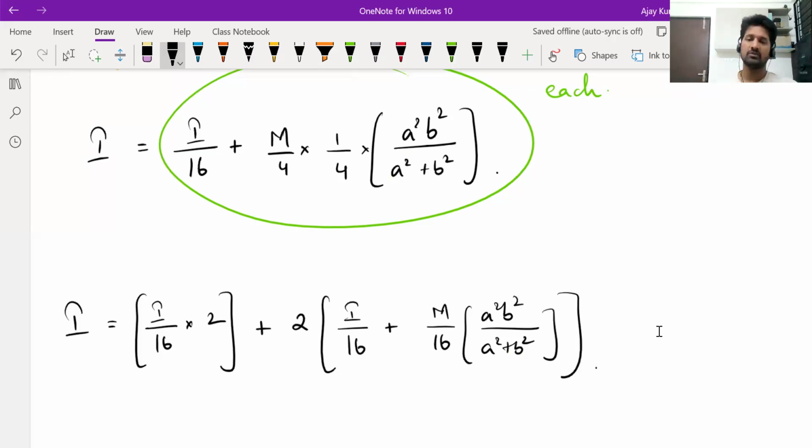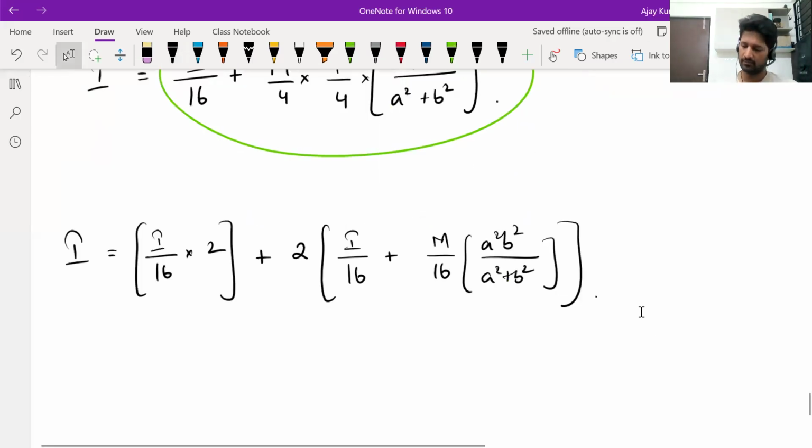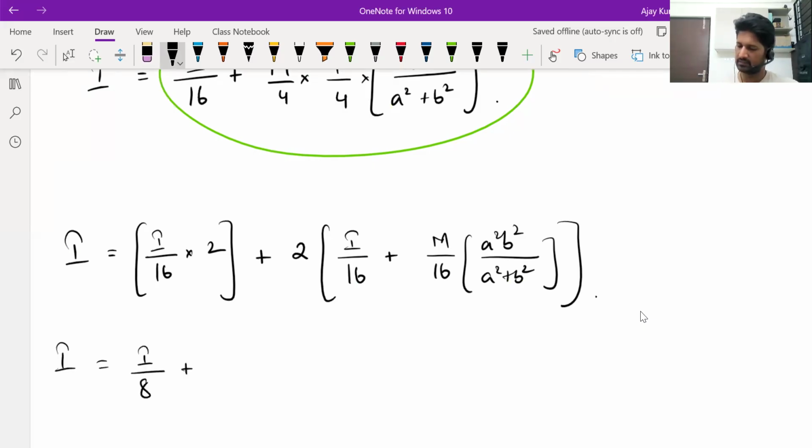That's all. Now you just have to solve this equation for I. I is equal to the right hand side: I by 16 into 2 is I by 8, plus, again, multiply the second bracket with 2, you get another I by 8, plus 2 times m by 16 is m by 8, a square b square by a square plus b square.